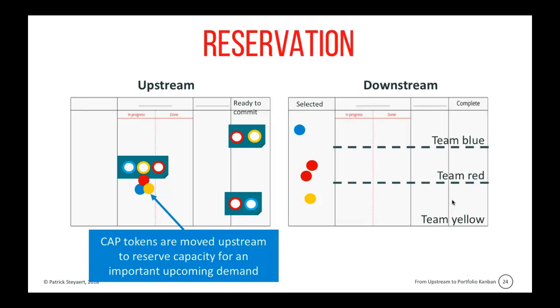Now, obviously, that might mean that some of the downstream teams may be starved of work because we have reserved the capacity, so we're not fully utilizing the capacity of downstream teams. But that is a deliberate decision in order to make sure that more strategic requests flow fluently through the system.